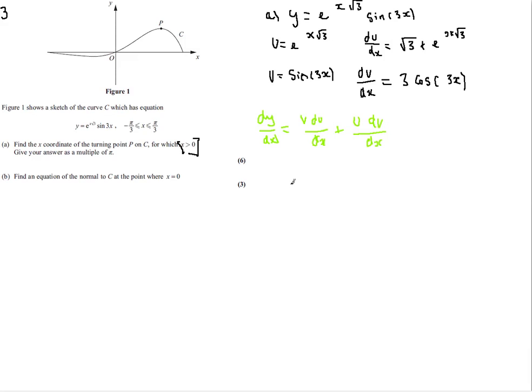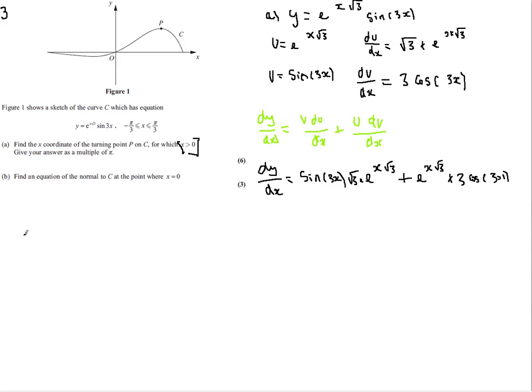So if we plug those values in, we get that dy/dx equals sine 3x times root 3 times e to the x root 3, plus e to the x root 3 times 3 cosine 3x.